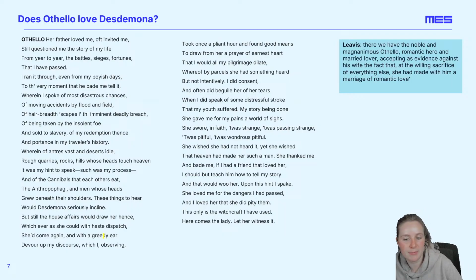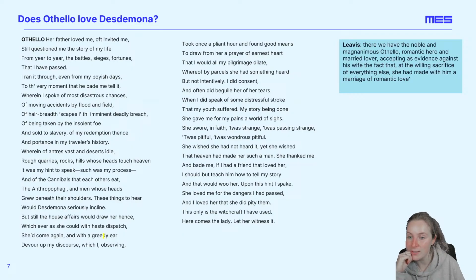These things to hear would Desdemona seriously incline, and still the house affairs would draw her hence, which ever as she could with haste dispatch, she'd come again, and with a greedy ear devour up my discourse, which I, observing, took once a pliant hour, and found good means to draw from her a prayer of earnest heart, that I would all my pilgrimage dilate, whereof by parcels she had something heard, but not intentively. I did consent, and often did beguile her of her tears, when I did speak of some distressful stroke that my youth suffered.